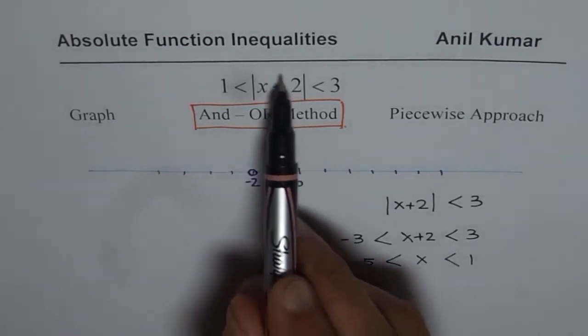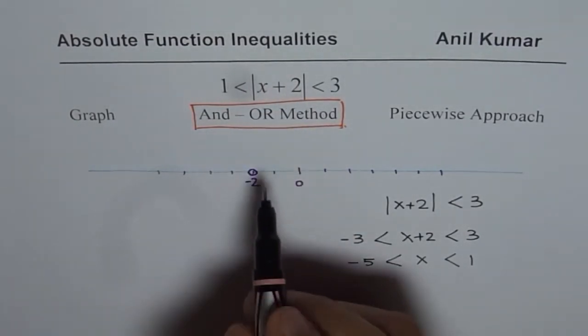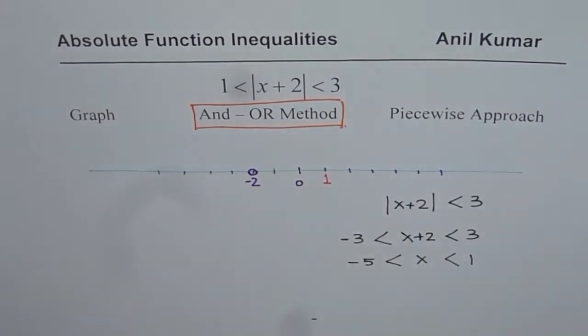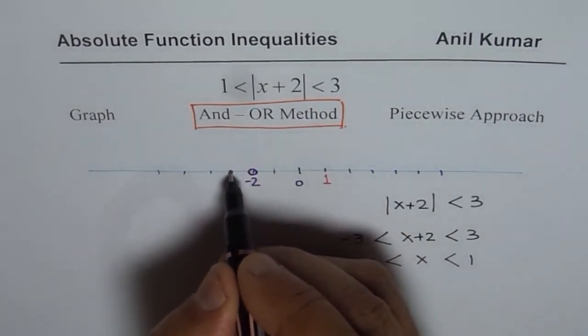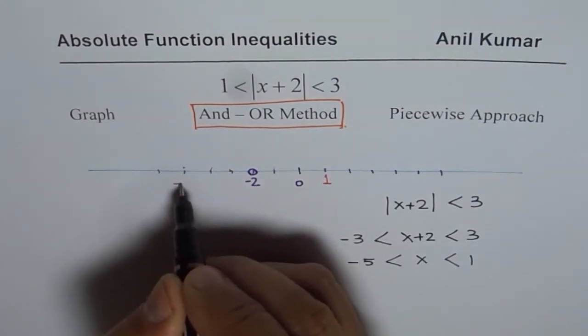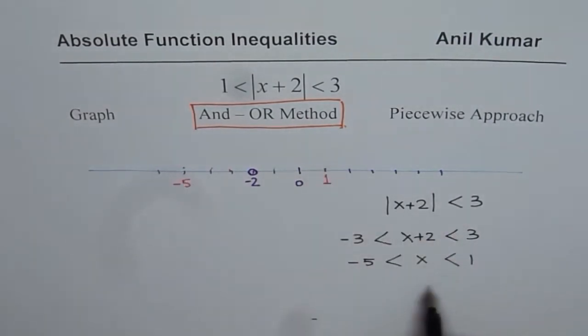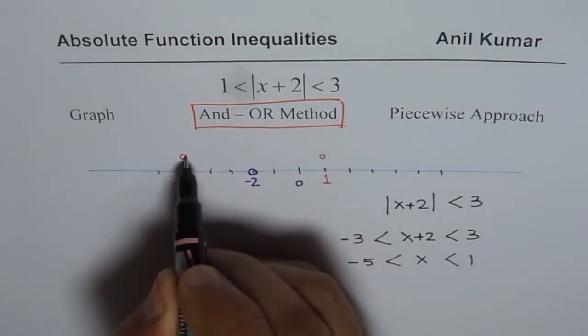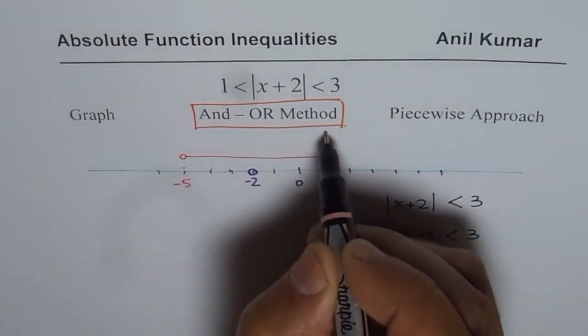So when we are saying that this absolute function is within 3, that means 1, 2, 3, so that is bringing you to 1, and 3 units away, 1, 2, 3, right? So that is minus 5. Do you see that? So this part on the right side says that x could be between these 2 points. So I may just circle this just to show you. So this is the right portion.